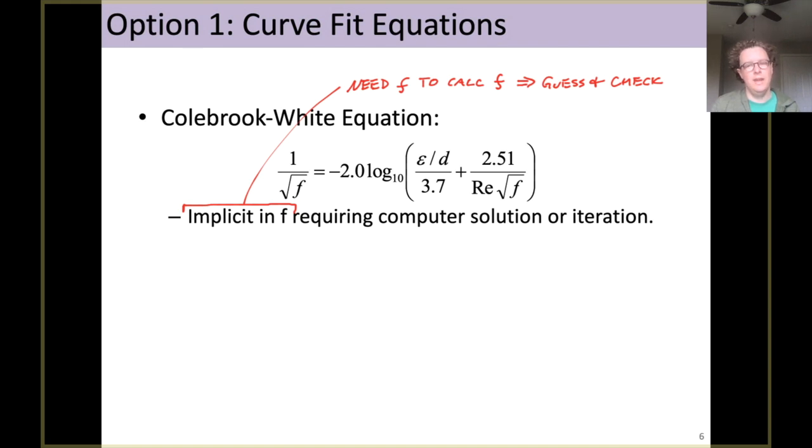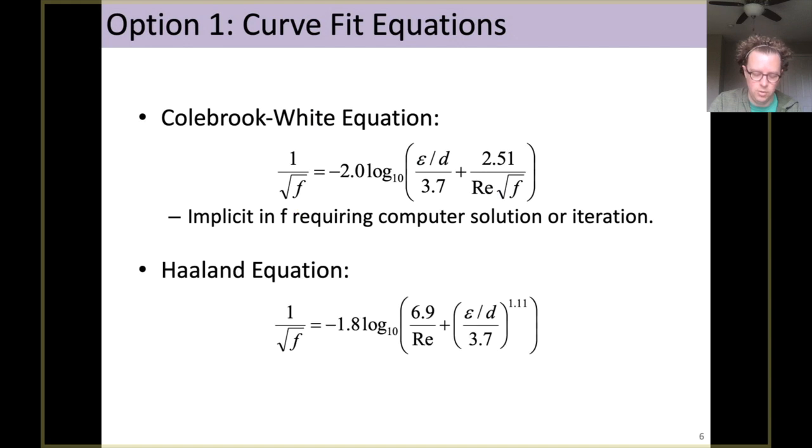So you have to guess a value for the friction factor on one side of the equation, see if it works or is correct on the other side of the equation, and basically iterate through that guess and check process until you converge on a value for friction factor. But again, you do see those same input dimensionless terms, Reynolds number and relative roughness.